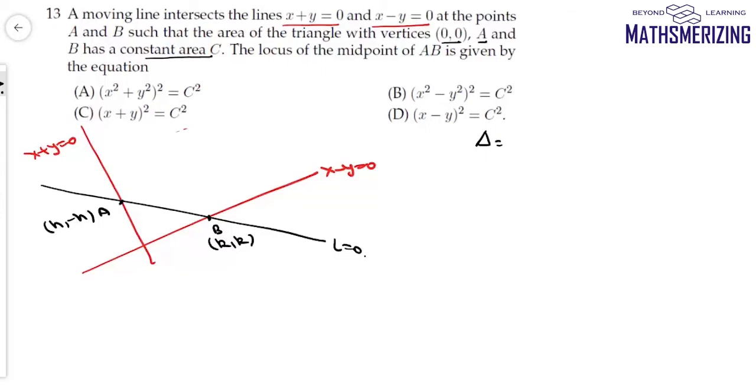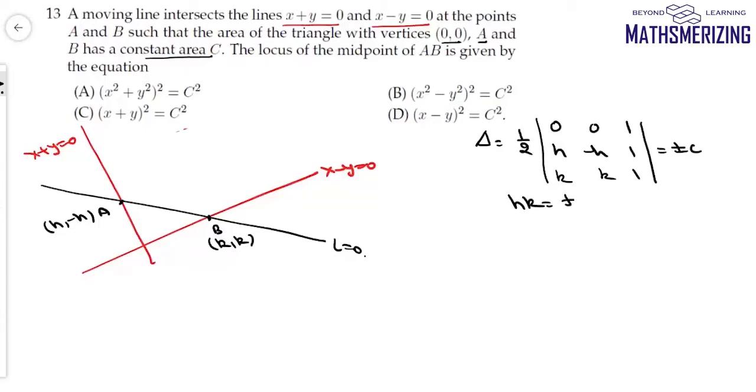Area of this triangle will be 1 by 2 and then the determinant 0, 0, 1, h, minus h, 1, and k, k, 1, and this area is equal to plus or minus C. So if I expand, then I'll get hk equals plus or minus C, or I can write (hk) square is equal to C square. So that's my first equation. I'll need to find the locus of the midpoint of AB.